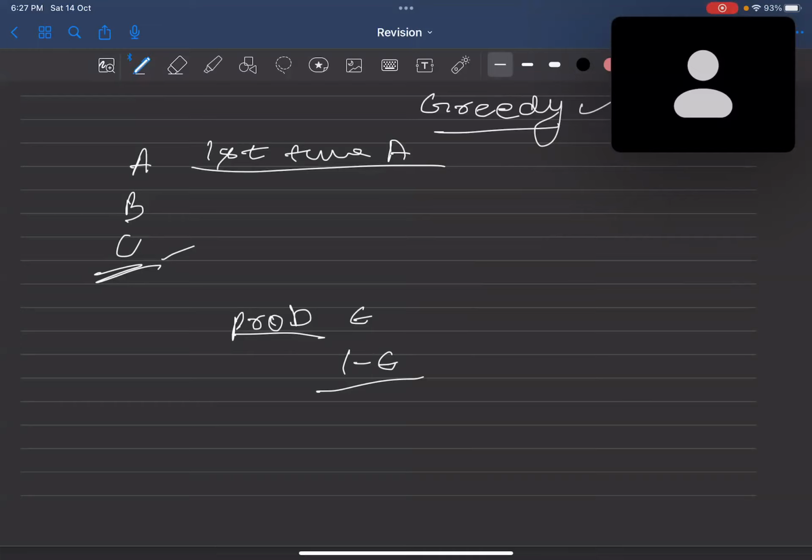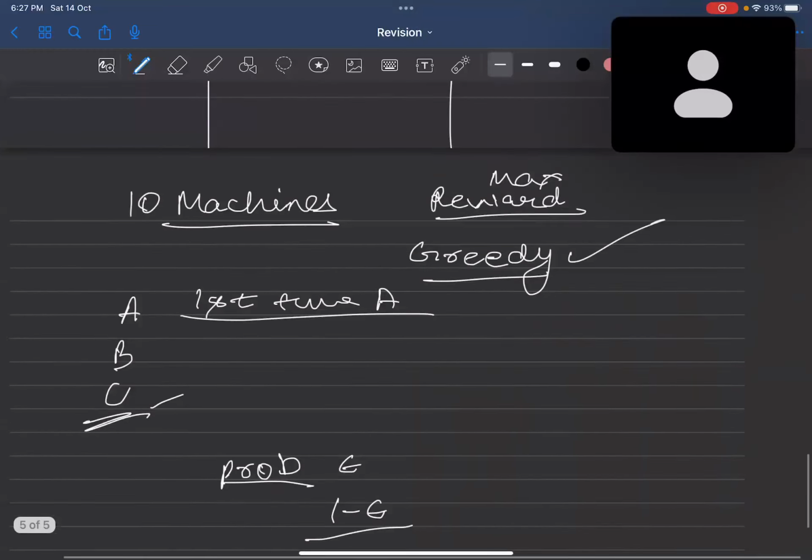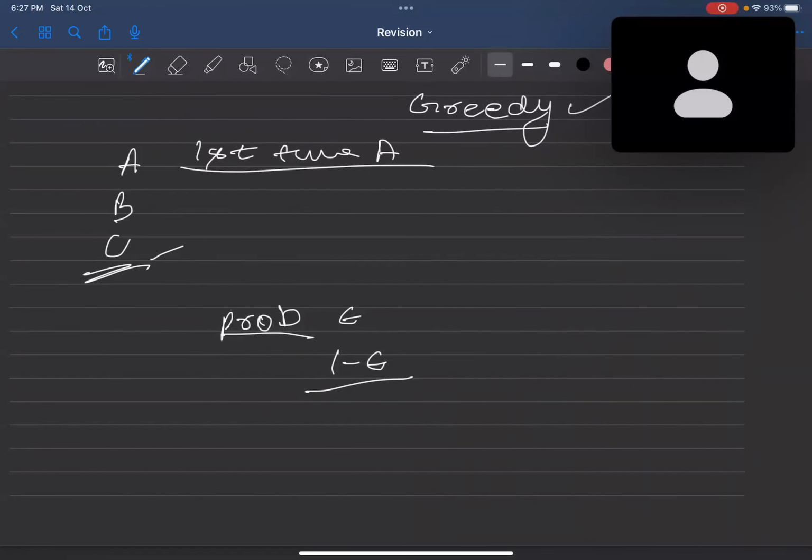Now, what was the limitation in epsilon greedy that we shifted to softmax? See, even with epsilon greedy, we may end up greedy, and we may still not discover unexplored things, which might have been left out even in epsilon greedy.